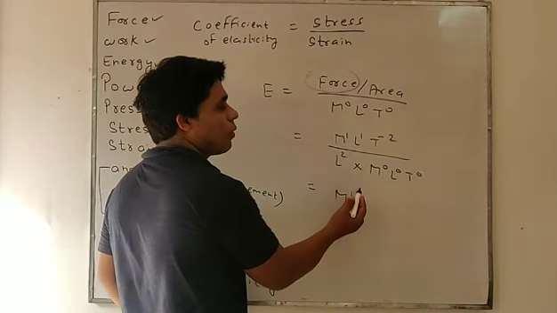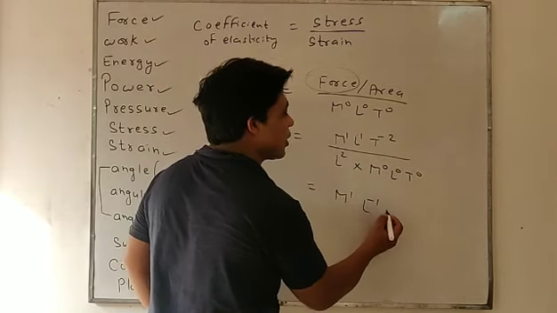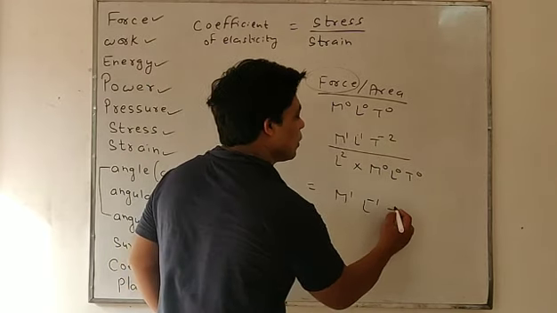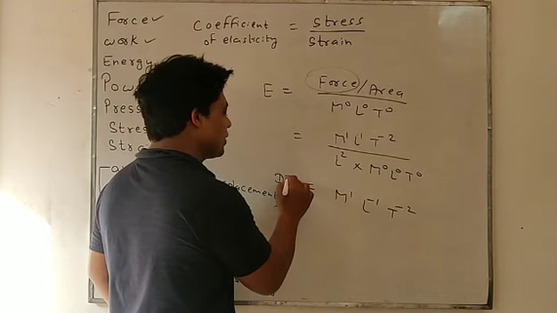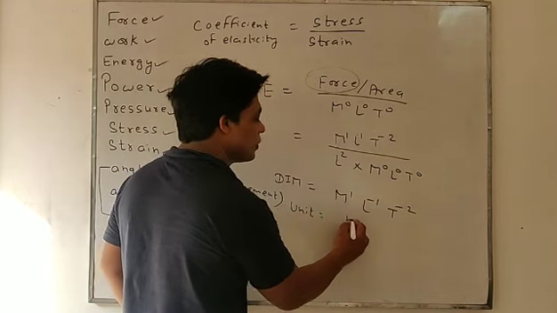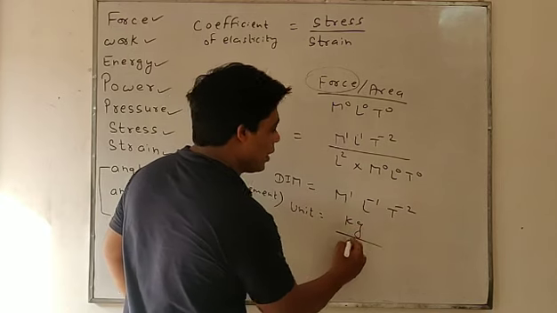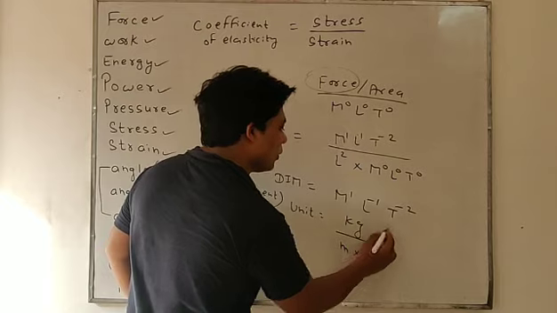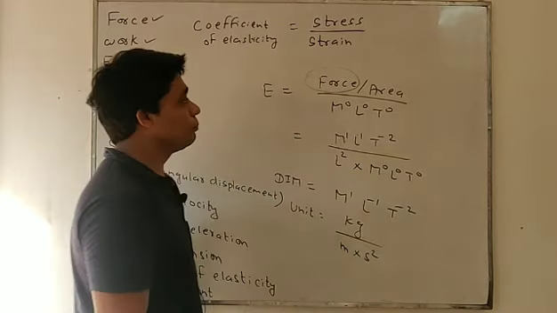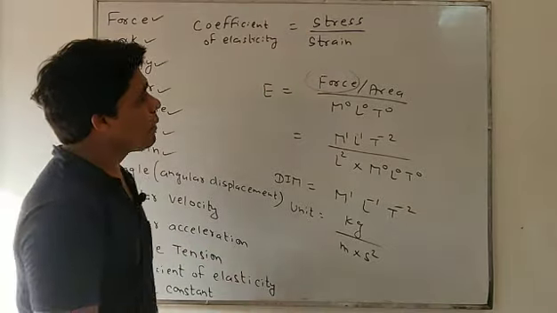This is M1, shift L2 upwards, L minus 2 plus 1, L minus 1, and T minus 2. That is the dimension, and what will be its unit? Mass, kilogram. Minus terms always come in the denominator, length, meter, time, second square. So kilogram upon meter into second square.